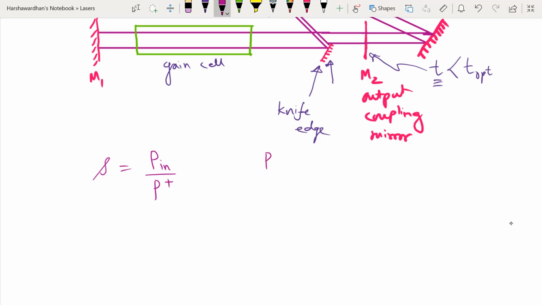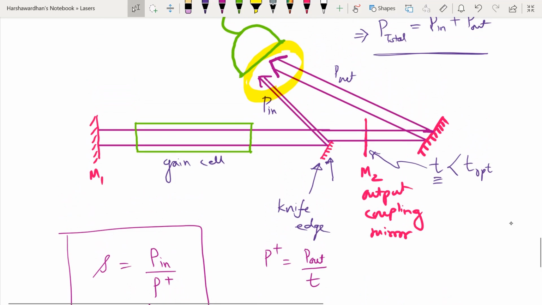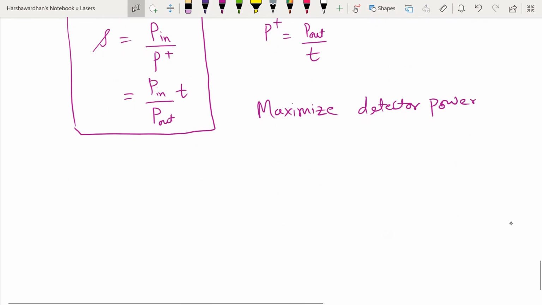But I do know that my P plus is P out by T. So my S, the scattering loss at the point where the output is maximum, is simply P in by P out times T. The situation when I maximize the measured power in the detector, which is clearly P in plus P out, the total power, I call that S as S optimal.